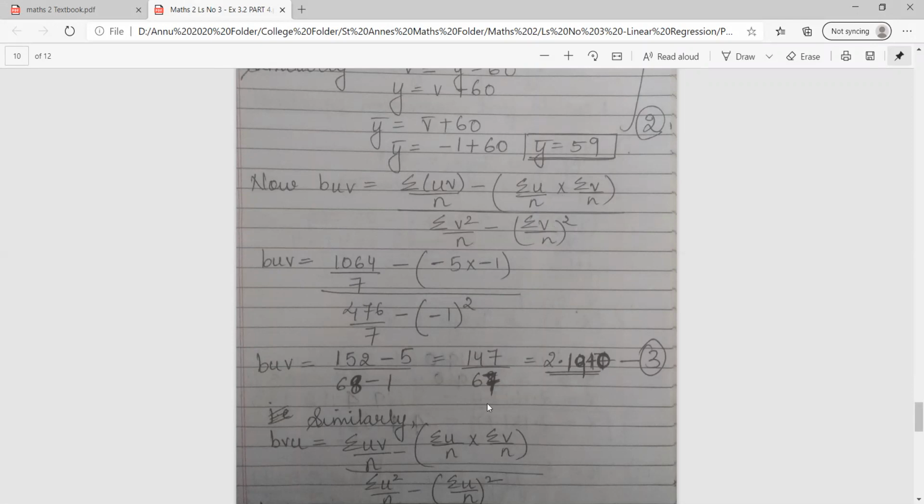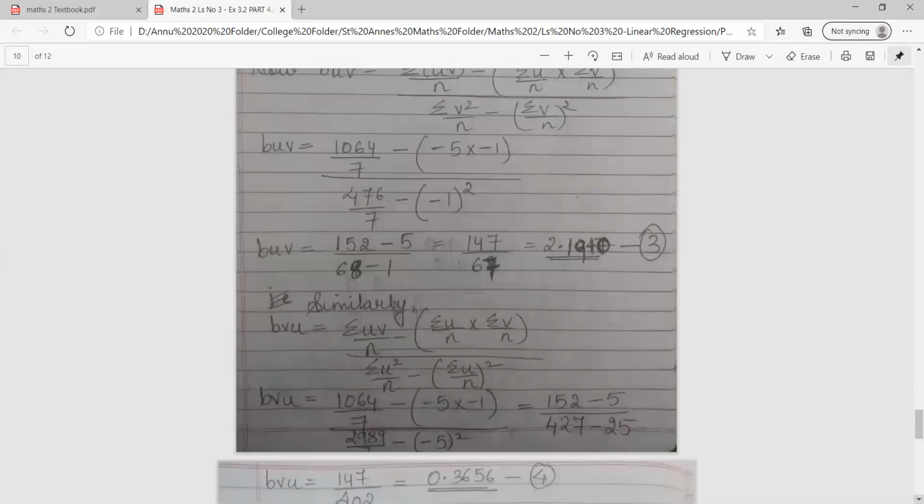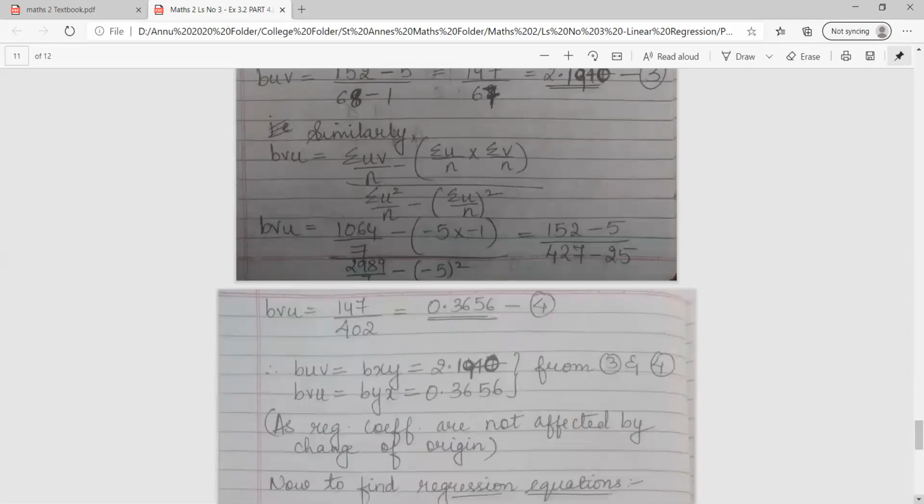So I've got the value as 2.1940 substitute करने के बाद. In the similar manner, we'll find b vu. Covariance का formula numerator will be the same. Only नीचे का variance change हो जाएगा, so summation u square upon n minus summation u upon n the whole square. So I've got the value of b vu as well.